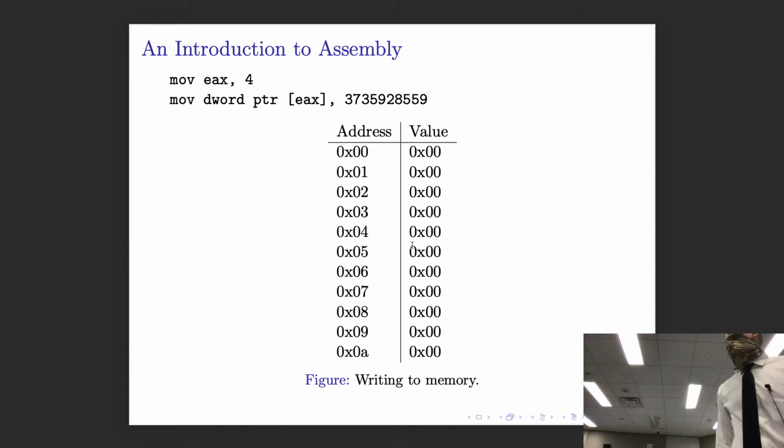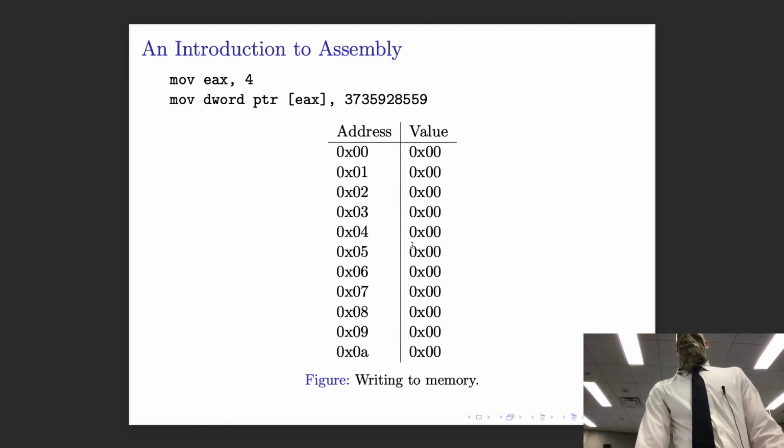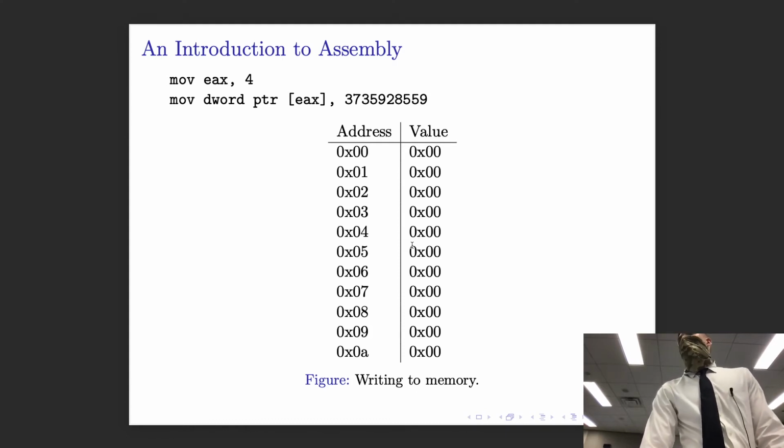Nothing? All right, cool. So we've got the set of addresses which are assigned values. You can think of this as the bytes in memory. And what we're going to do is write a value into memory, a number. Do you all buy that you can represent a number as bytes?